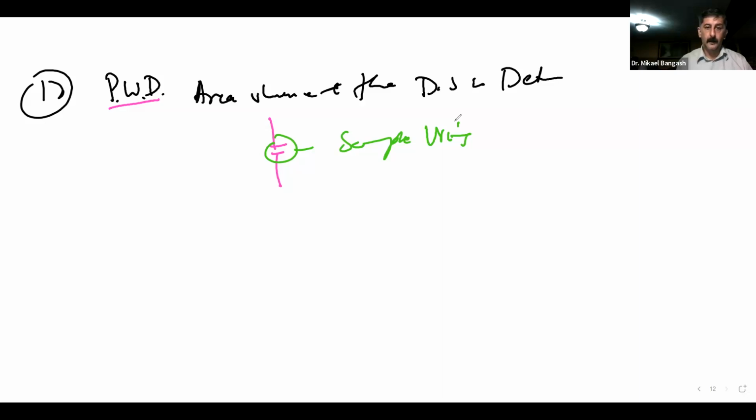Now, if the same question was asked, but we change this word out to continuous wave Doppler, what do we call that area?